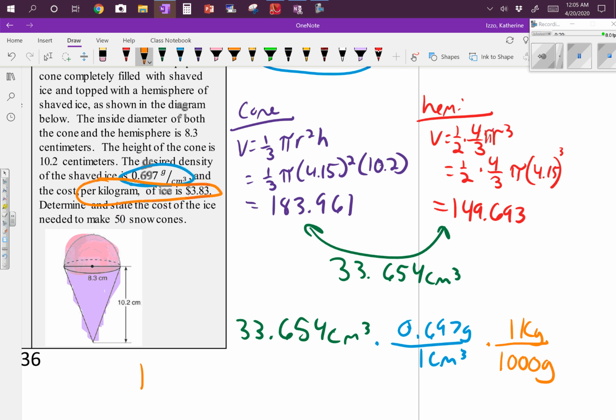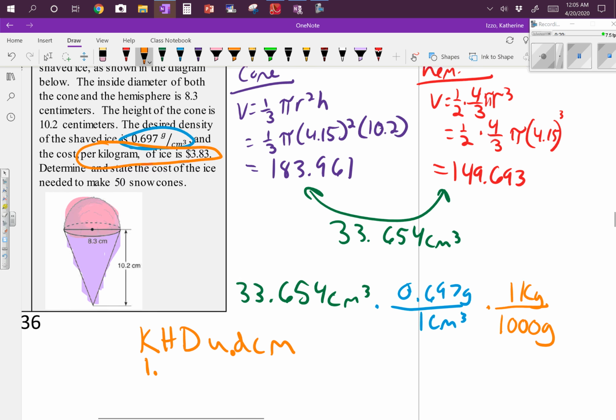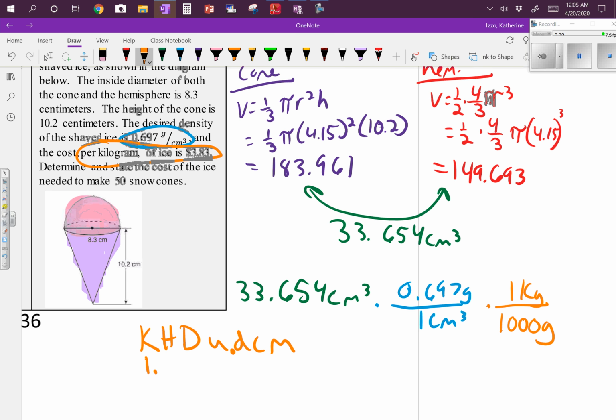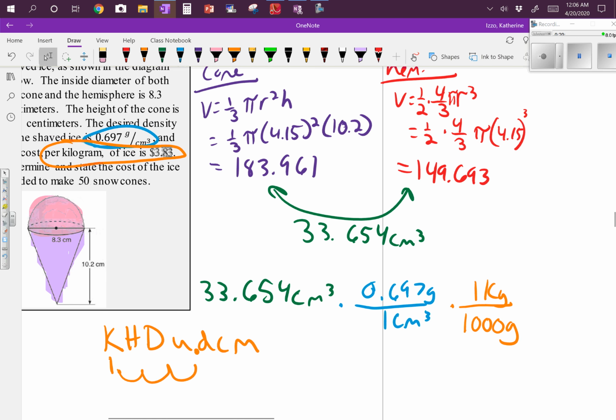How do we get that? By King Henry Doesn't Usually Drink Chocolate Milk. Here is grams. If we have 1 kilogram and we want to convert to grams, we go 3 decimal places over, and that gets it into grams.